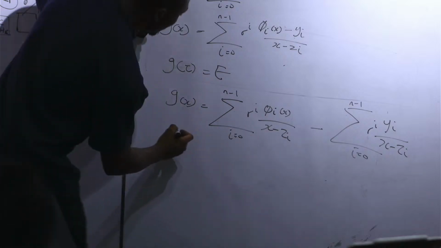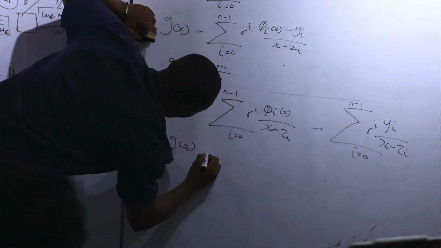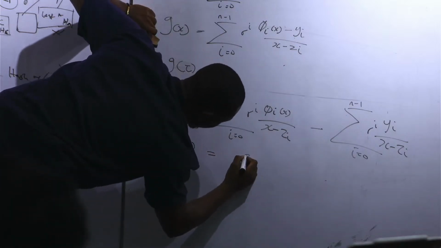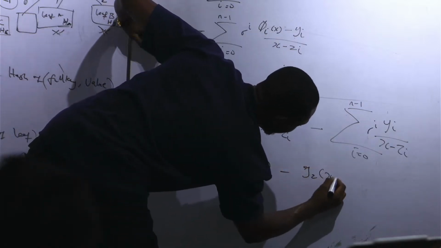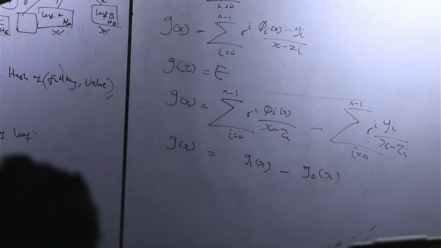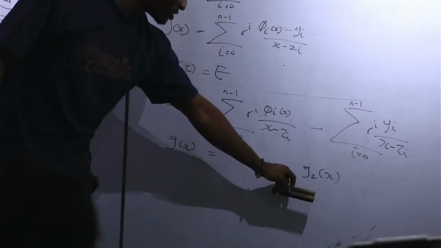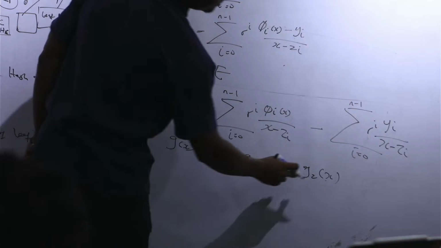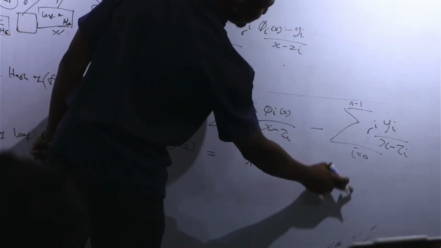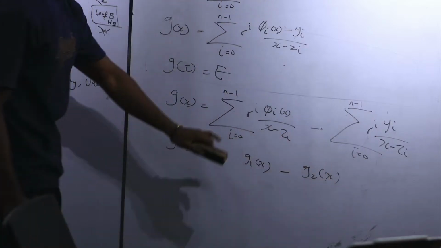So let's say we now have g1 minus g2 of x. We now have these two parts, and let's say these are now our equation.